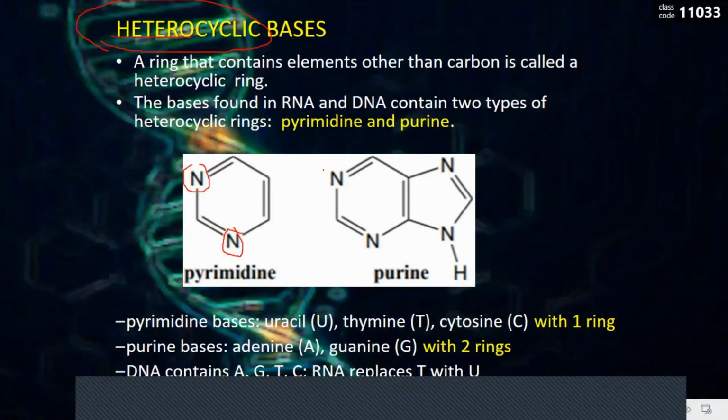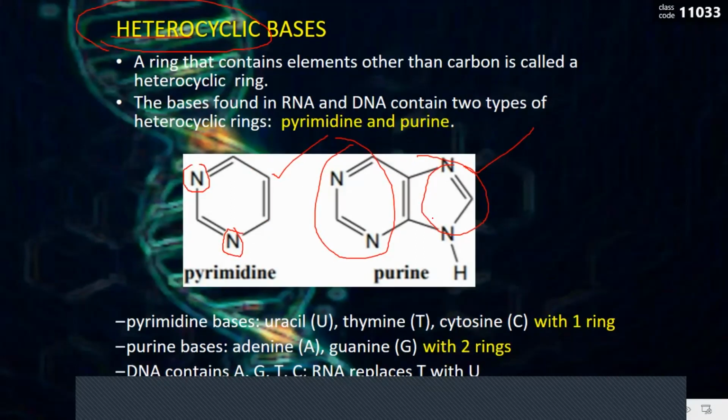So if it is heterocyclic, it means you have a different element in your ring. The pyrimidine contains one ring. Purine contains two rings. Okay? Again, pyrimidine contains one ring.